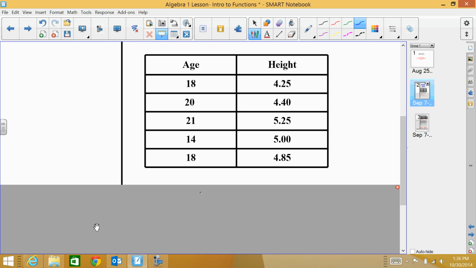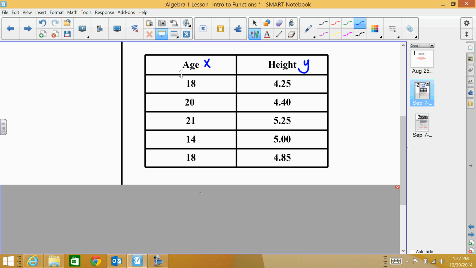So if we copy down this table, we have age and height. Age would be like your x values, and height would be like your y values, because it always goes in order. X always comes first, and then y. It's alphabetical. So if I want to state my domain, I would list the ages in order from least to greatest, and I would not repeat numbers.